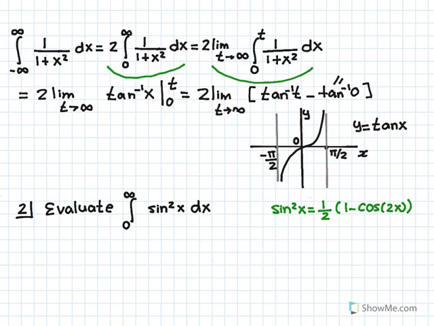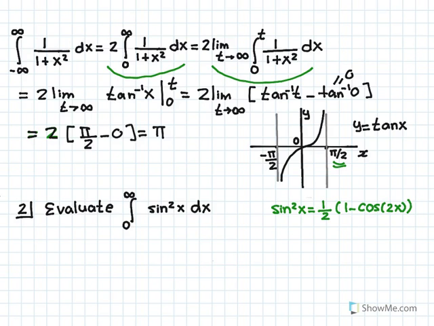Well, tan inverse of 0 is just 0. And what is tan inverse of infinity? What is the angle whose tangent is infinity? Clearly, you can see that's going to be pi over 2. So what we get is 2 times pi over 2 minus 0. That gives us pi.